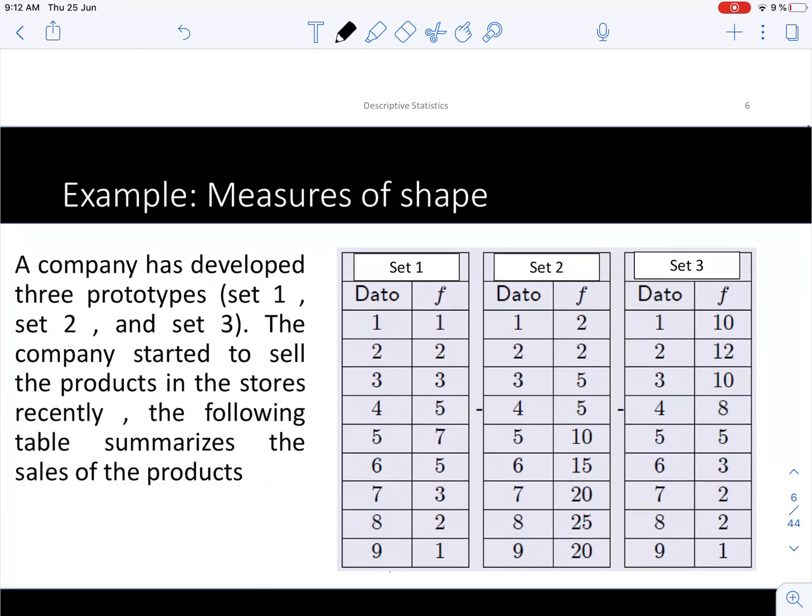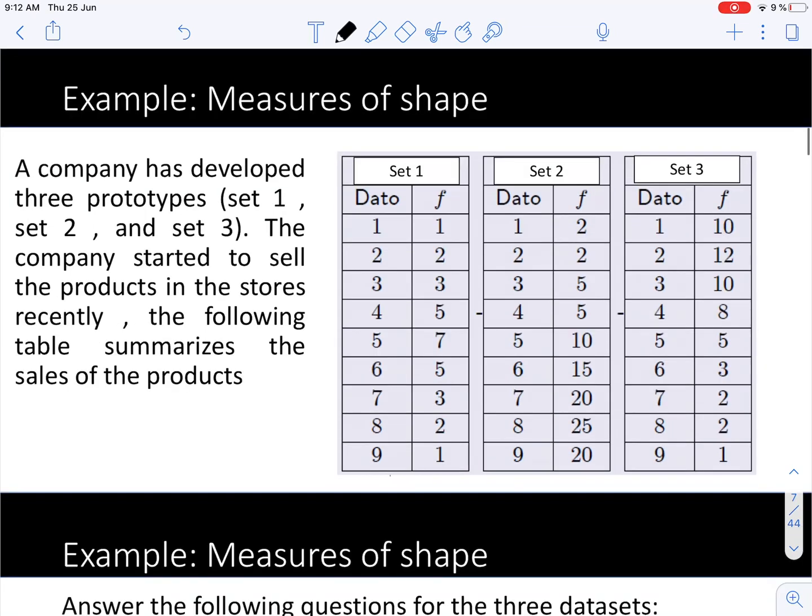All right, so having said that, let's check this example. A company has developed three prototypes, set 1, set 2, and set 3. The company started to sell the products in the stores recently. The following table summarizes the sales of the products. So we have information about the 3 products, 1, 2, and 3.